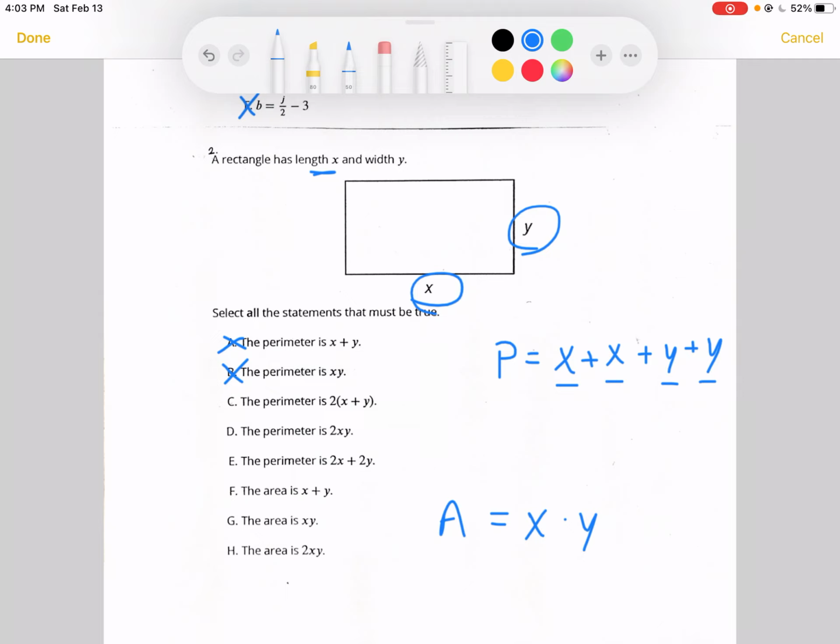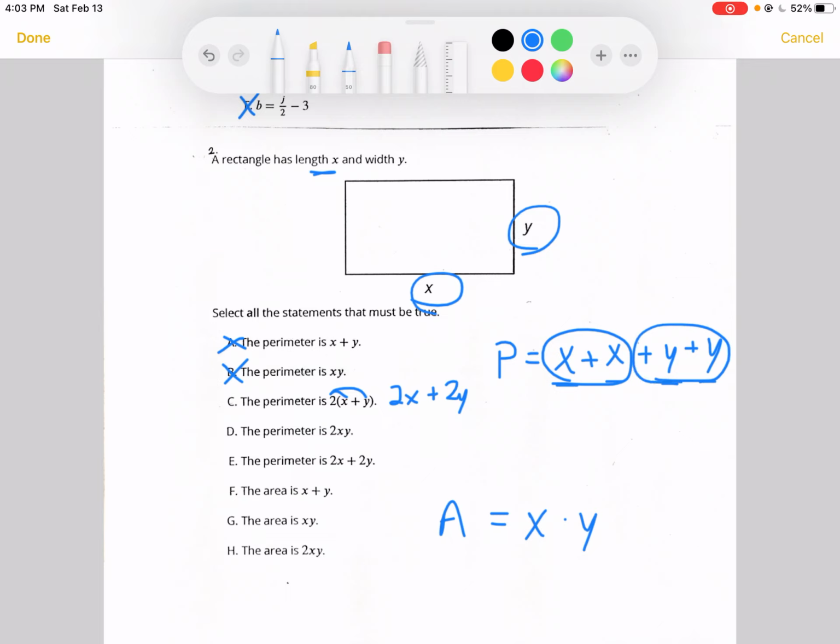On C, the perimeter is 2 times the quantity x plus y. Think about what happens when we distribute the 2. 2 times x and 2 times y gives you 2x plus 2y. And we just said perimeter is 2 x's and 2 y's all added together.